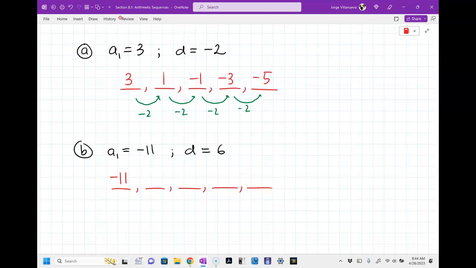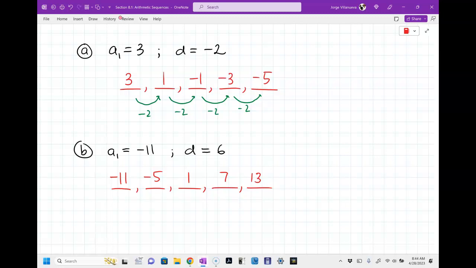Okay? So every single number that I'm going to write to the right side is going to be added by 6. Okay? So negative 11 plus 6, that's negative 5. Negative 5 plus 6, that's 1. 1 plus 6, 7. 7 plus 6, 13. So we're just going to keep doing whatever the D value is.